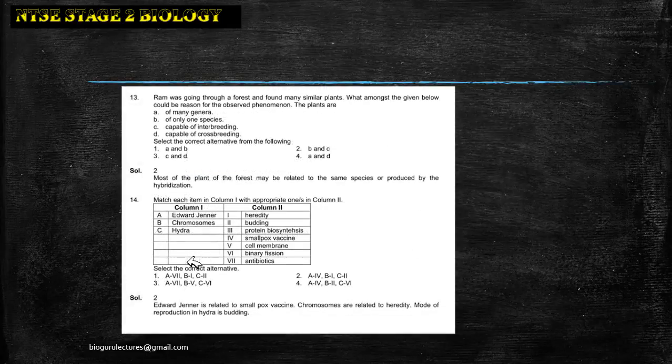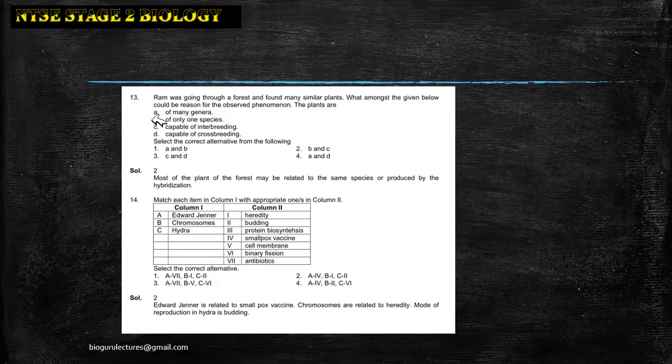Next question: Ram was going through a forest and found many similar plants. What amongst the given below could be the reason for the observed phenomenon? The plants are of many genera, of only one species, capable of interbreeding, capable of crossbreeding. So we have only two things here.